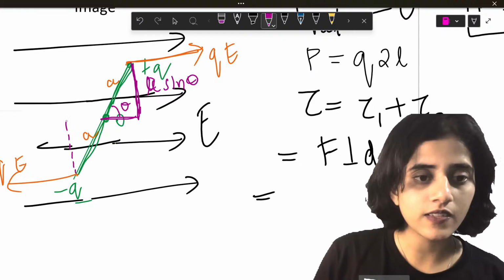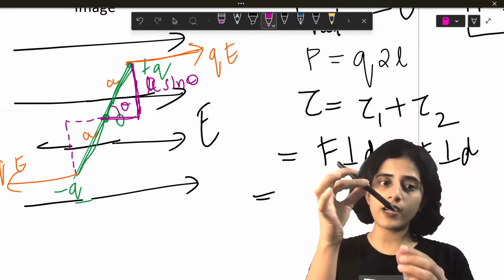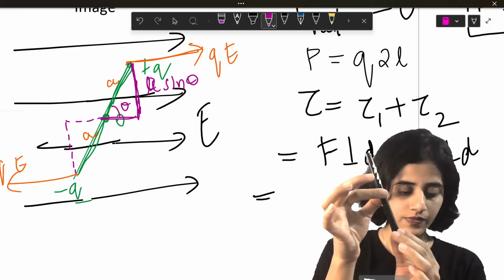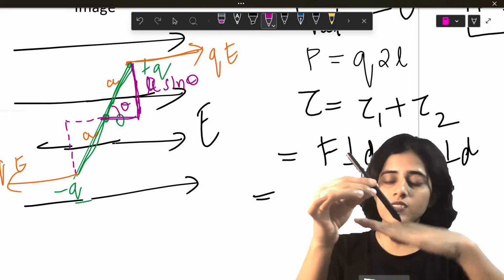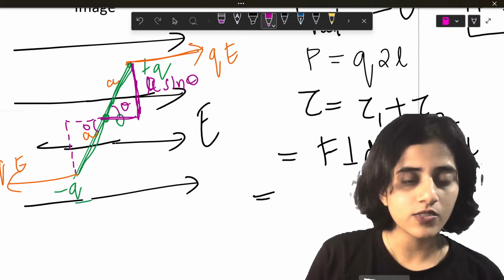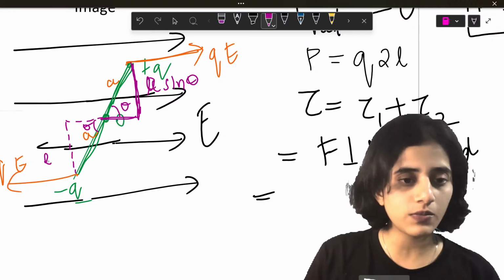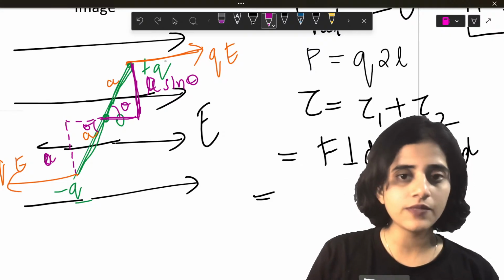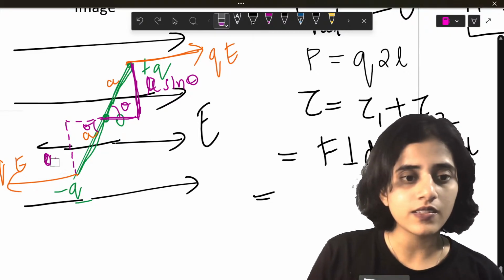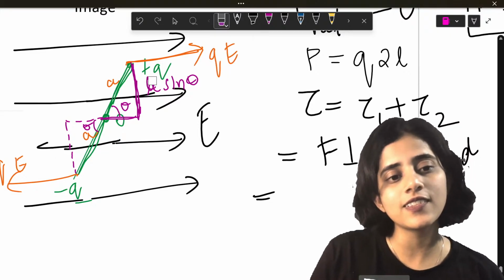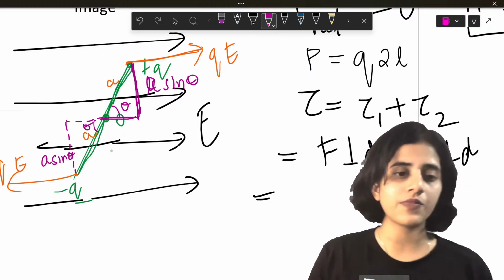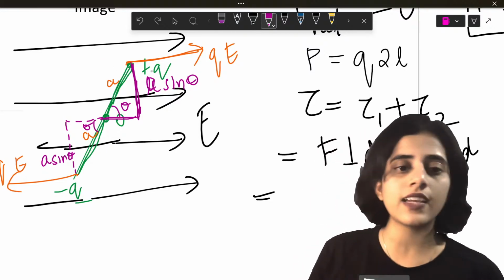This is the midpoint. It's going to rotate like this. If this is the electric field, this is the angle theta. So this side will also be A sine theta. Now I have the two sides as A sine theta.